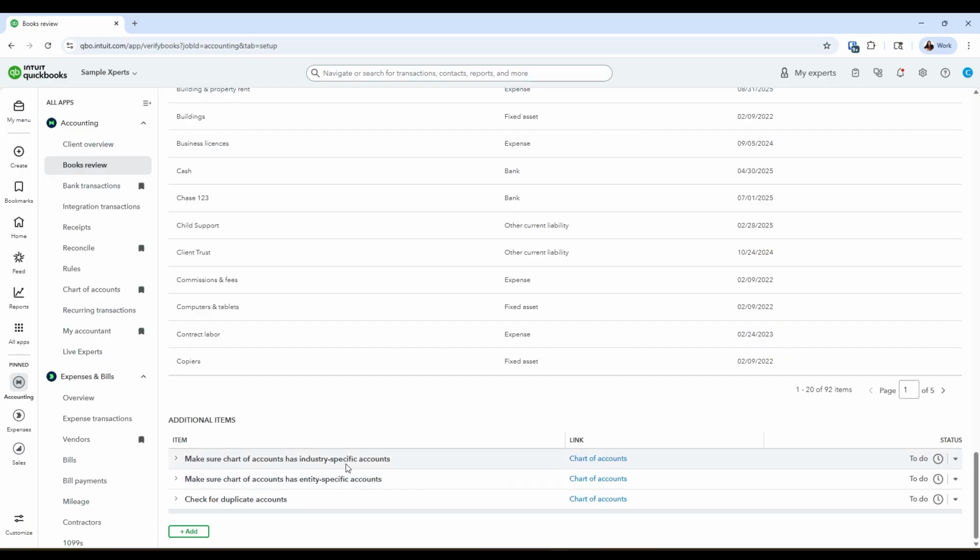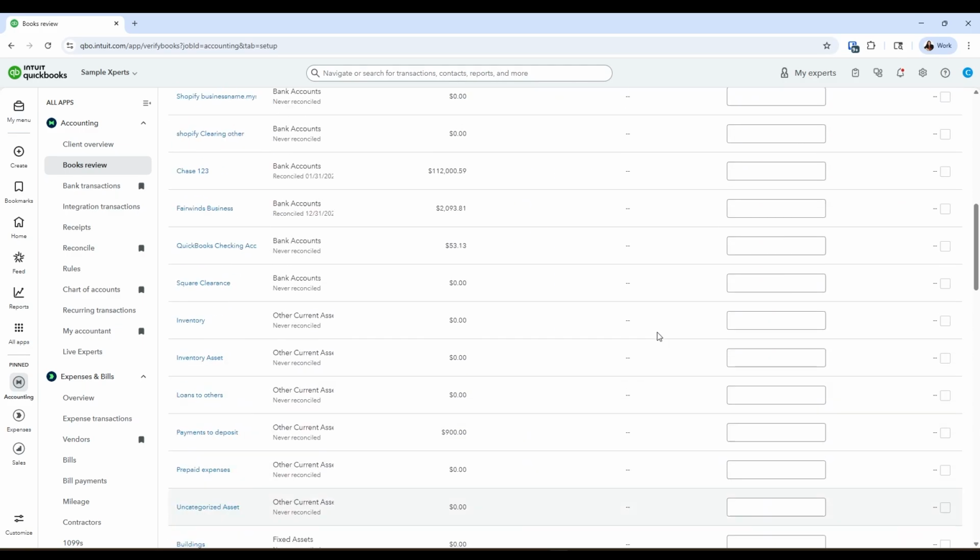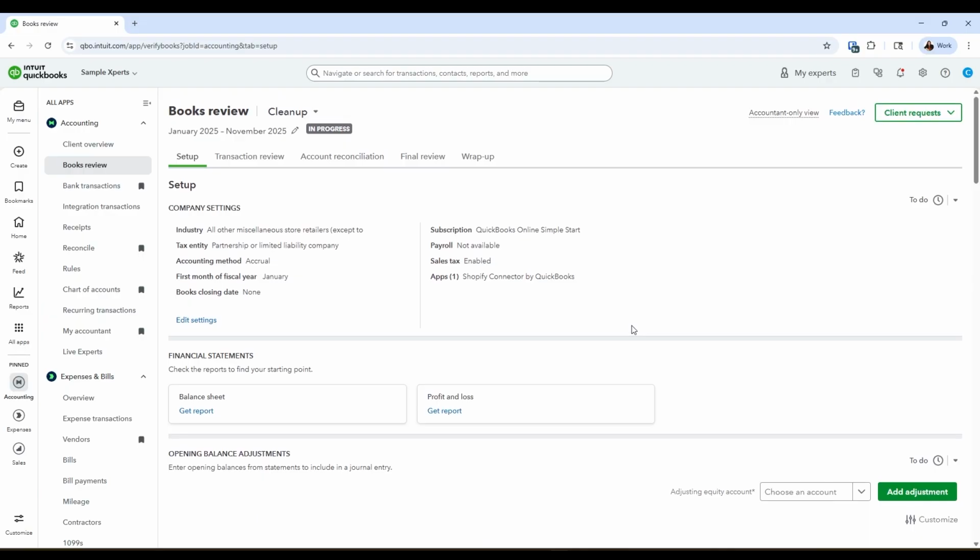And if you're, obviously, retail, it's going to be different from a professional and so on and so forth. You want to make sure that the accounts in the chart of accounts are correct. And you want to check for duplicate accounts here because you don't want any duplicated accounts on your books.